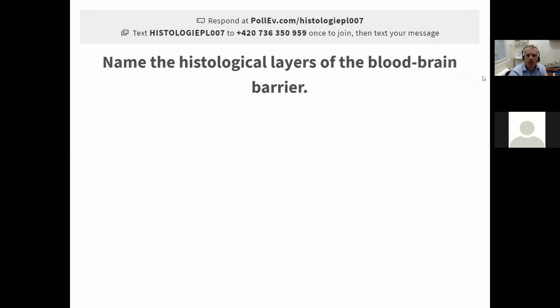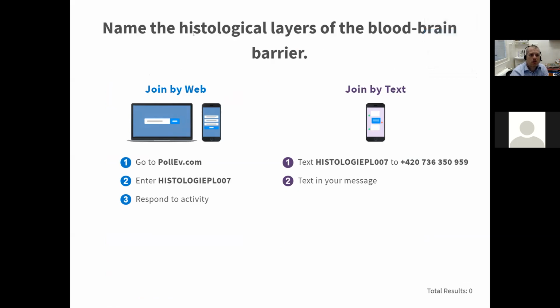Now, my next question is about the blood-brain barrier. Every student should be aware of the fact that the neurons are not directly exposed to the blood plasma or to the tissue fluid that is filtered from brain and spinal cord capillaries, but there is some barrier separating the blood plasma from the neurons.